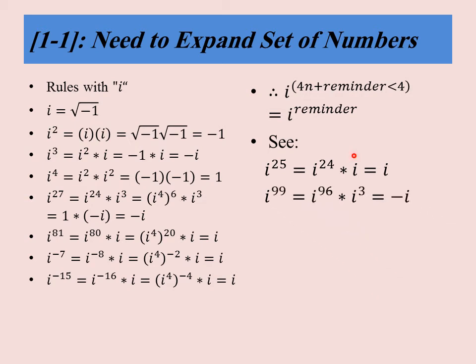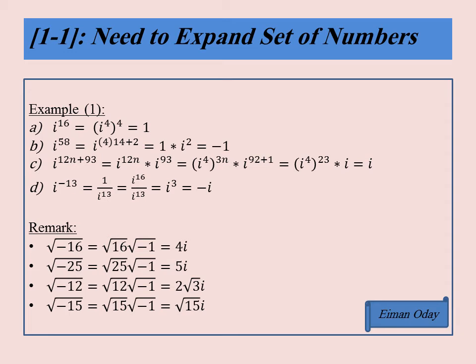Also, if we have i to the power negative 99, this 99 is going to be separated into 96 and 3. This is less than 4, this is the remainder. So 96 is a multiple of 4, which gives 1. Then i to the power negative 3 equals positive i, and this is the answer.